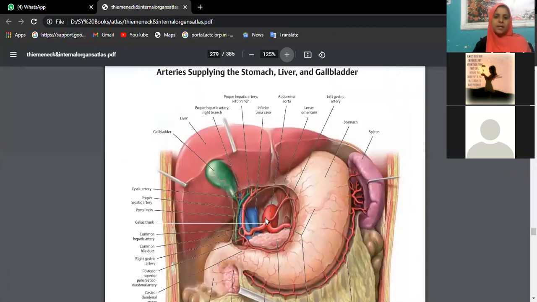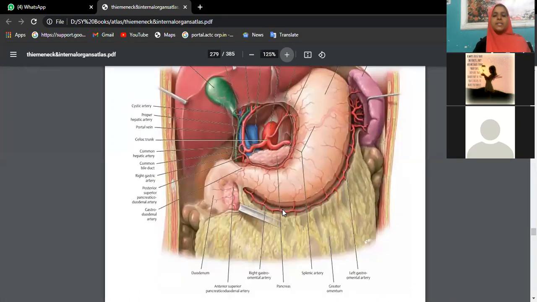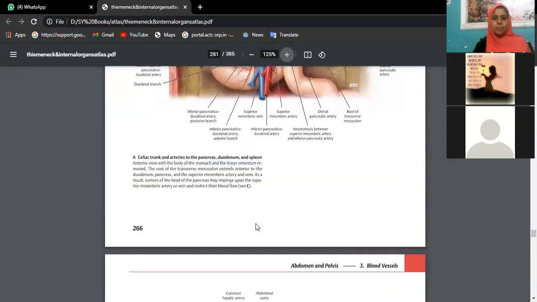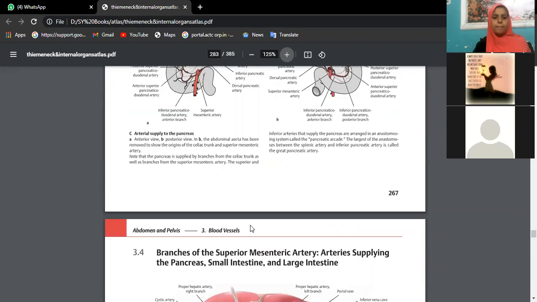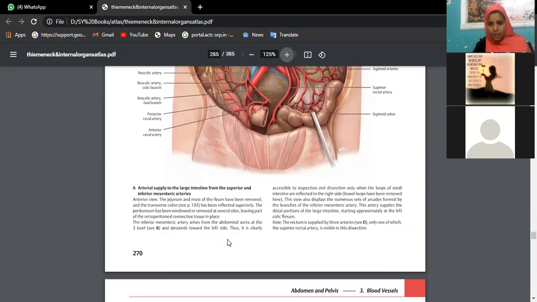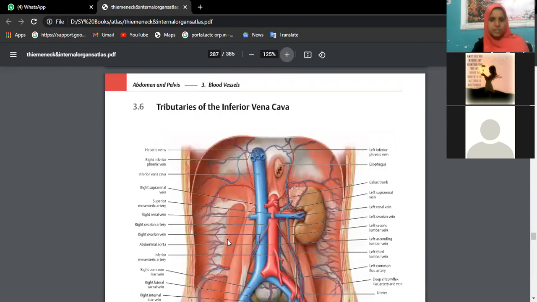This is the celiac trunk, which is the unpaired artery arising from the abdominal aorta to supply the structures of the foregut. I think almost all the organs are covered, beta.